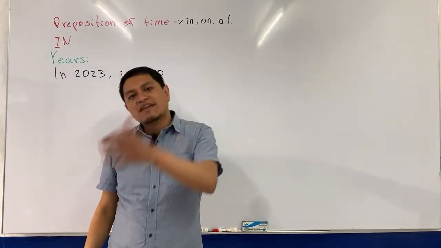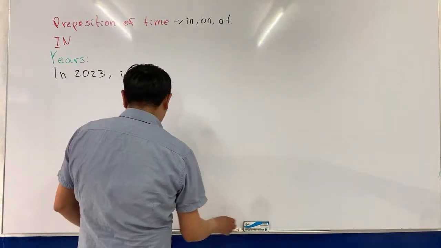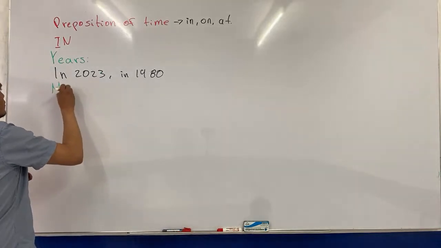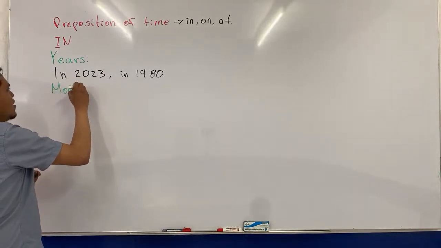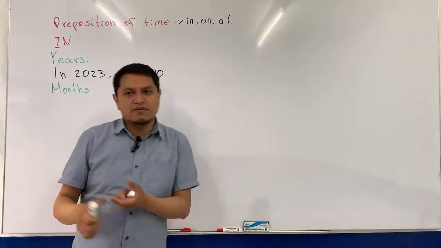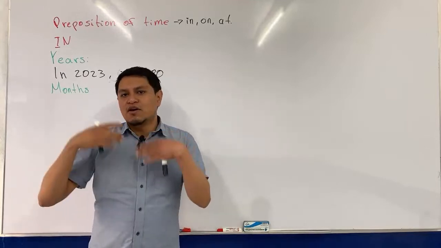Years, next, months. All the months: January, February, March, April, June, July, all the months.